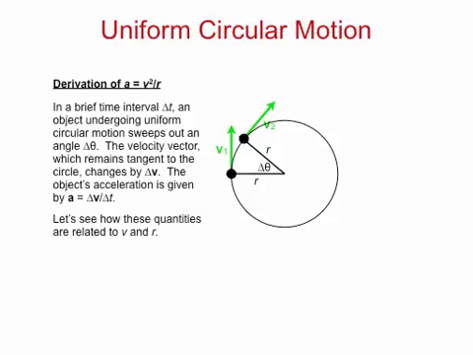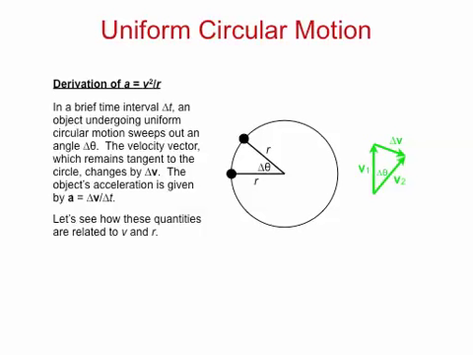The velocity vector, which remains tangent to the circle, changes by a small vector delta v. Since the speed remains constant, the length of the two velocity vectors v1 and v2 in this figure are the same, namely v.